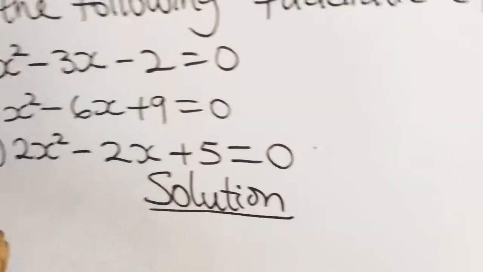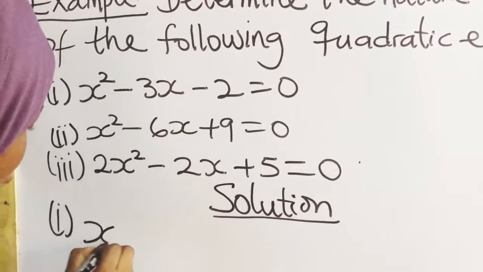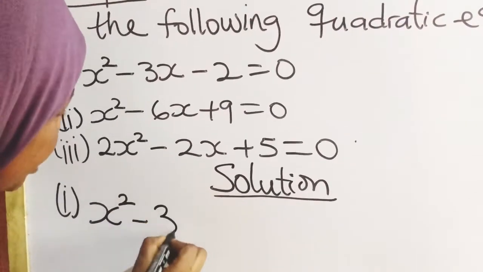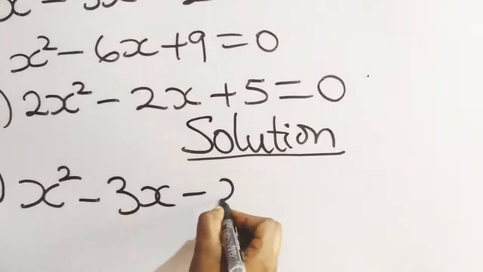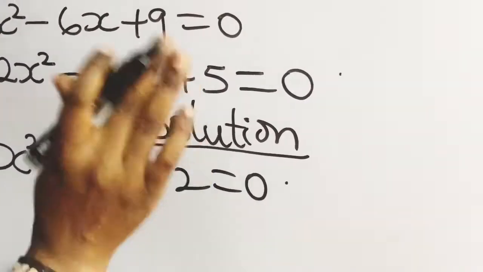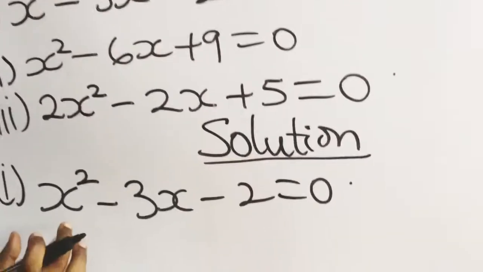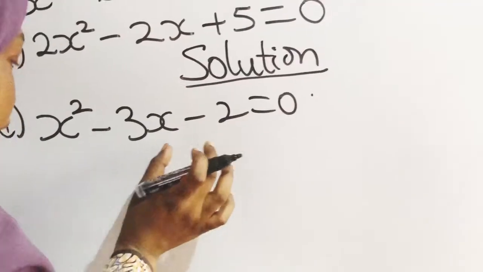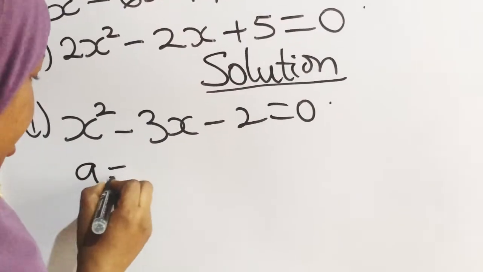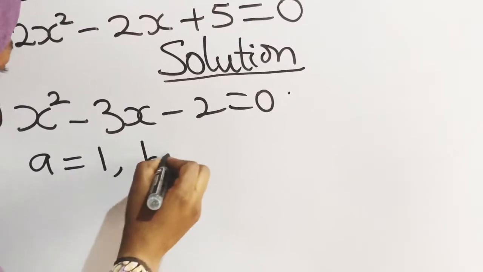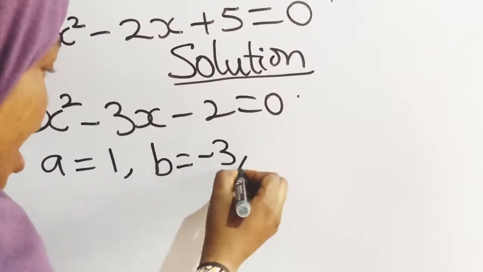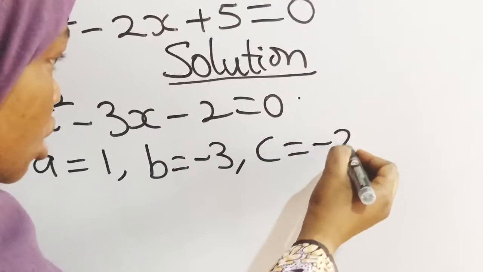So for the first one, which is x squared minus 3x minus 2 is equal to 0, to determine the nature of the graph, we need to find the values of A, B, and C. So here A is equal to 1, B is equal to minus 3, and C is equal to minus 2.